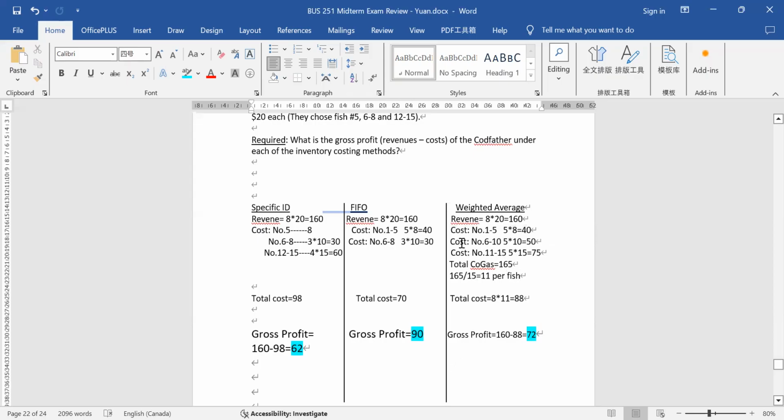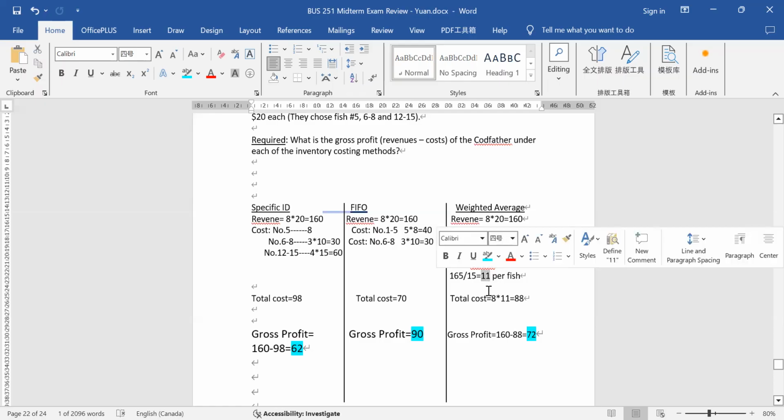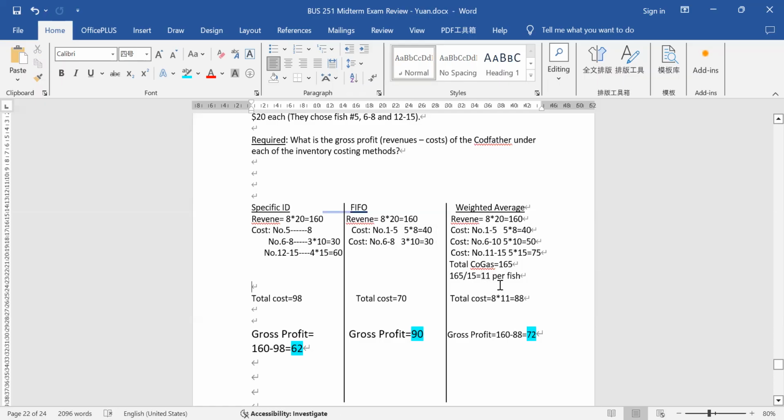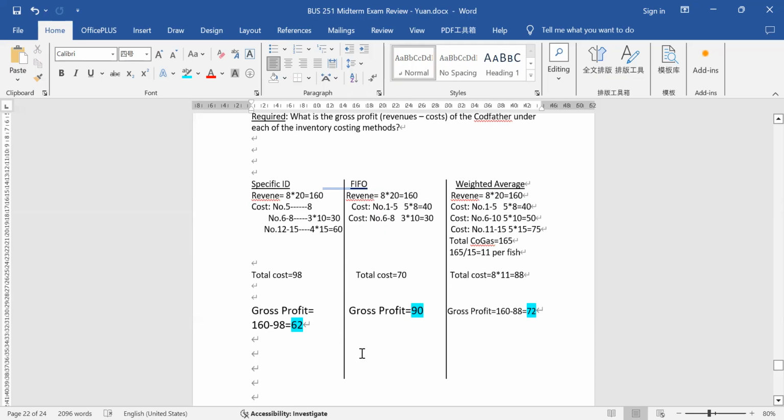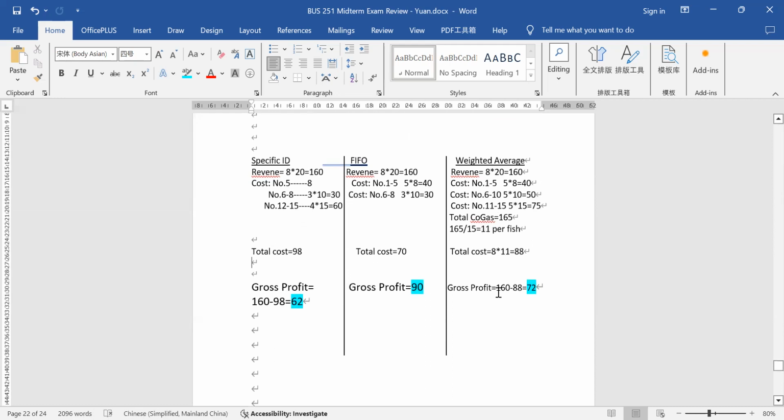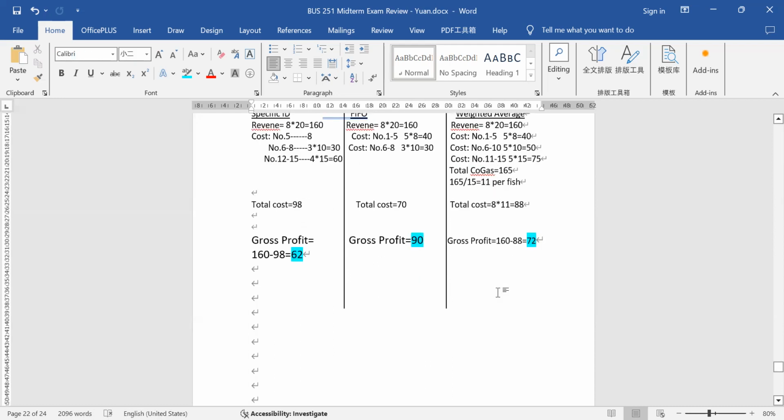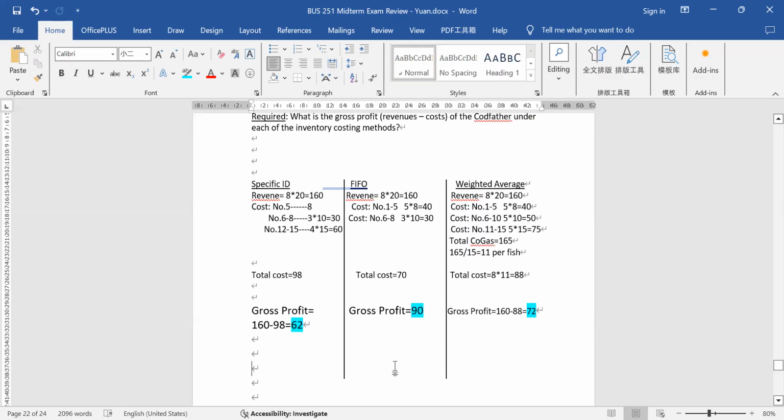So you sum up all the costs, and this becomes your ending inventory balance. Then to identify how many units you have, you divide the ending balance by your remaining units, and then you have your new cost per fish. Right, this is how it was calculated.